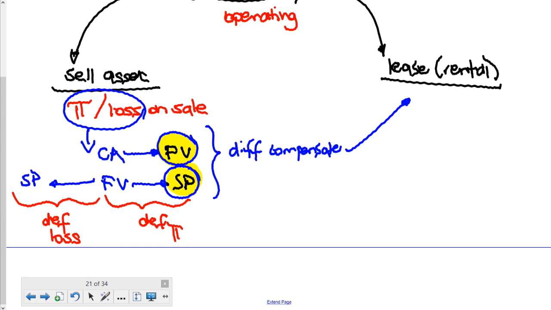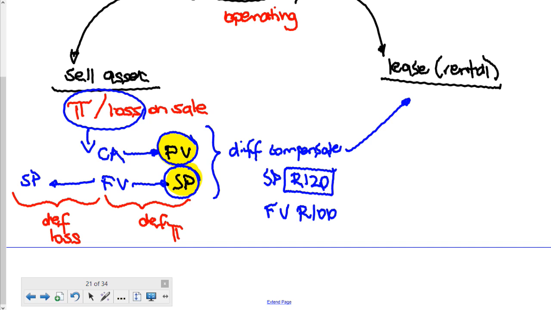So let's look at 2 examples. I have a machine. My machine is worth, as a fair value, 100 Rand. I actually need 120 Rand. Let's say it's millions or thousands. So I go to the bank and I say, I need 120,000 Rand, not 100,000 Rand. And I'm willing to pay more when we do the lease payments.